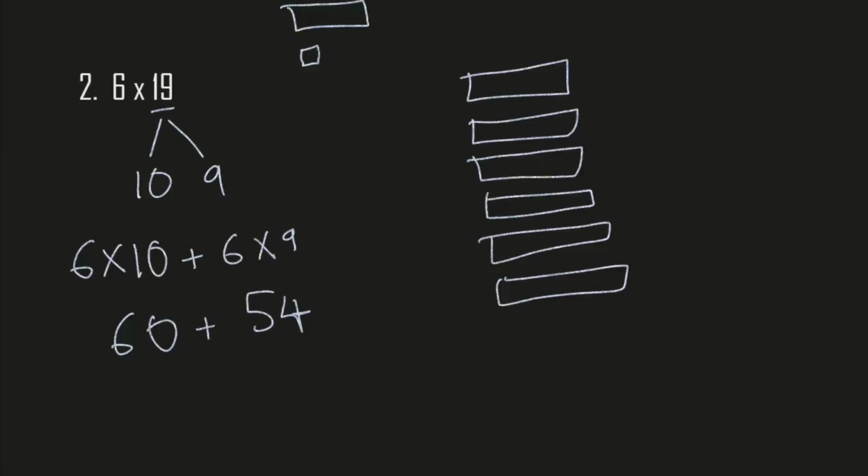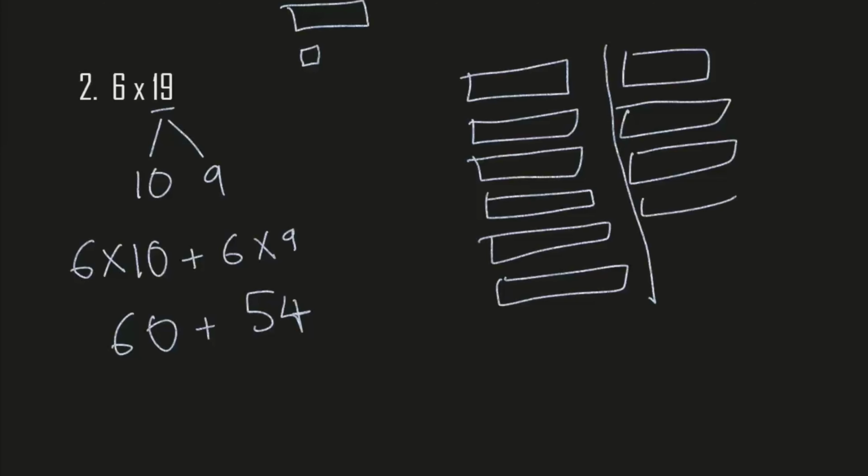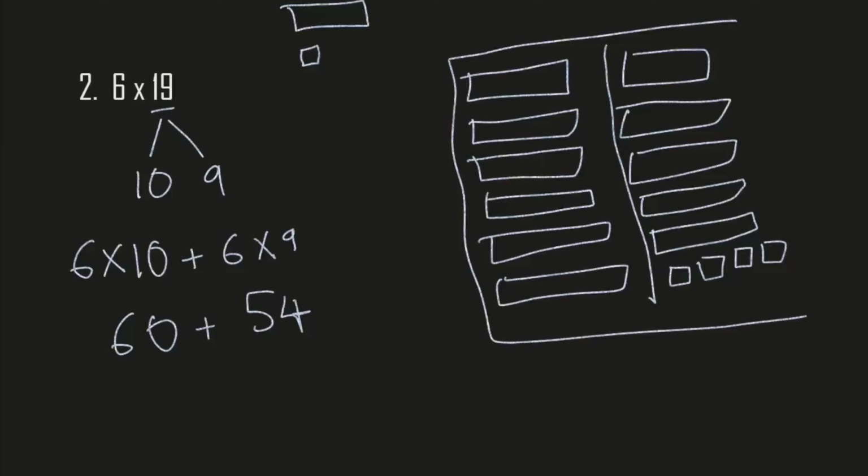Now we obviously don't have enough time to draw 54 of the tiny ones. So let's do 5 of these. So 1, 2, 3, 4, 5. Now let's do 4 of the tiny ones. 1, 2, 3, and 4. This is our array. Let's box it.